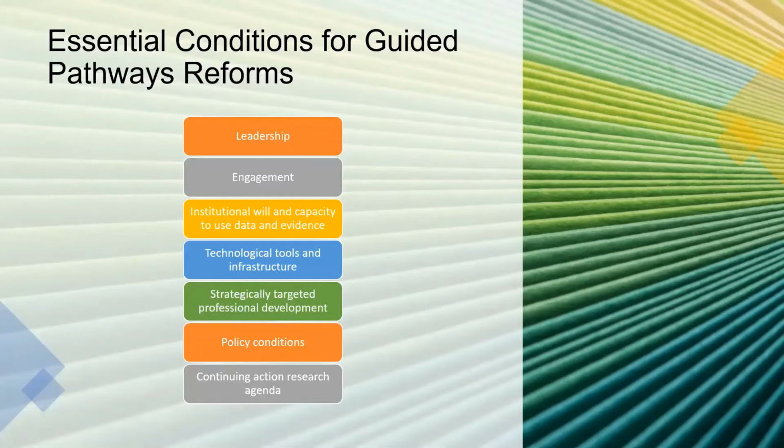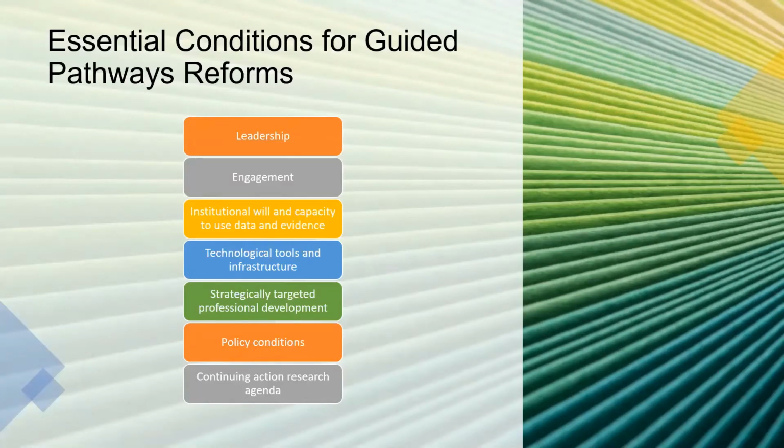Broad and authentic engagement of college faculty and staff, particularly advisors, in the design, implementation, evaluation, and ongoing improvement of pathways for students. Institutional will and capacity to use data and evidence to design academic and career pathways, monitor student progress, and implement needed improvements over time.